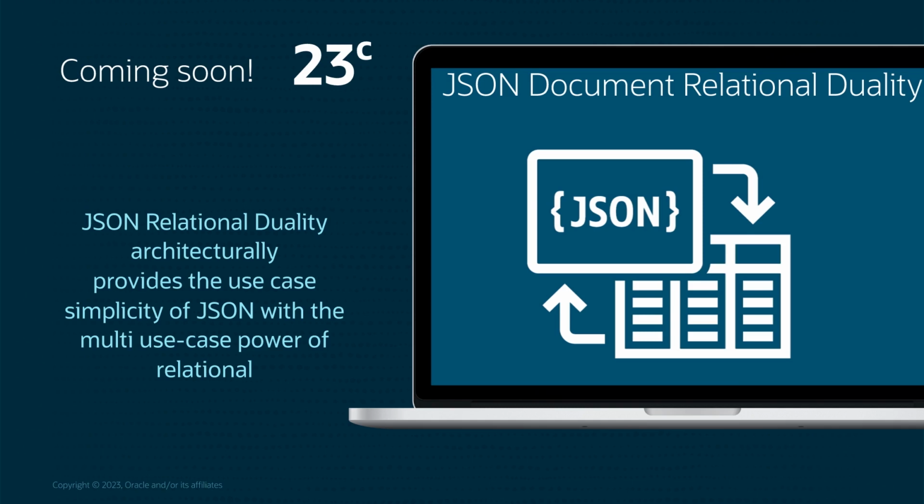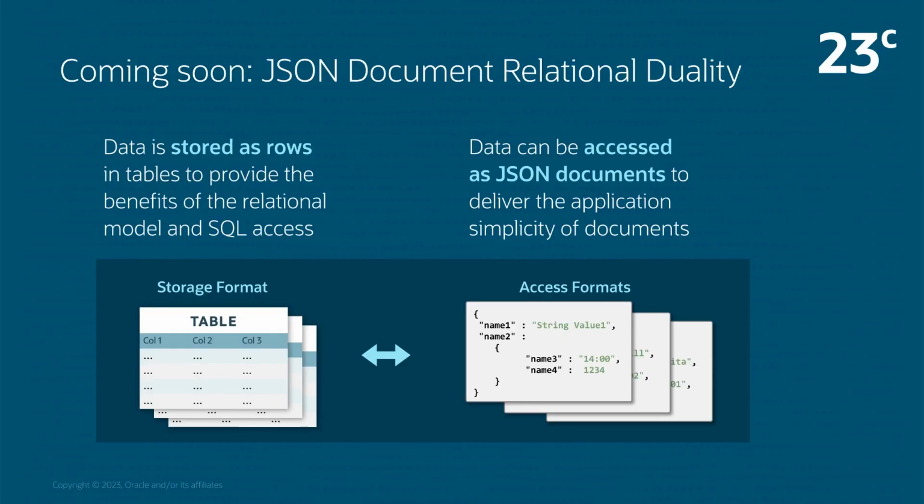Our next major release is called 23C. And it adds JSON document relational duality. This is a brand new concept where you create duality over your relational data. So basically, what does it mean? It means you have data that you store as tables, and then you can define one or multiple JSON views over it.